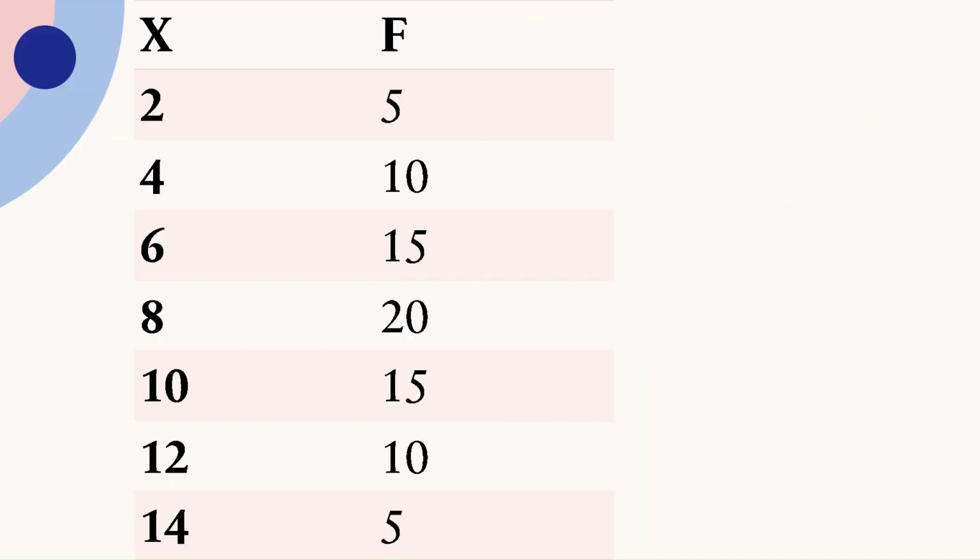Let us see this type of grouped data. We have the observations X and the frequencies. Whenever we want to calculate median, quartile, decile or percentile, the first thing we must have is a cumulative frequency.